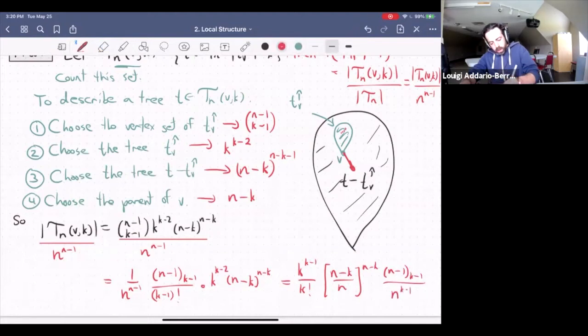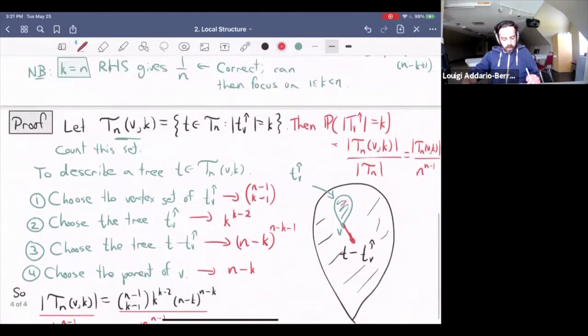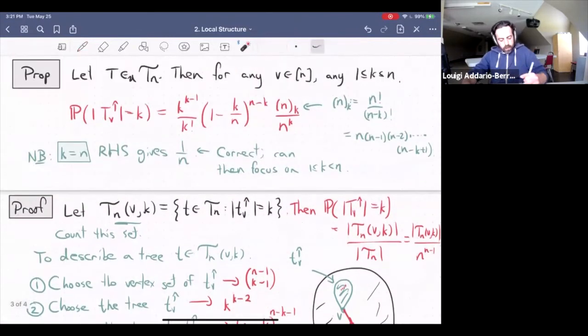And now, just in the last term, I can again multiply and divide by n to get an n falling factorial k over n to the k. So that's a pretty straightforward combinatorial proof of this formula for the size of the subtree rooted at a random vertex.